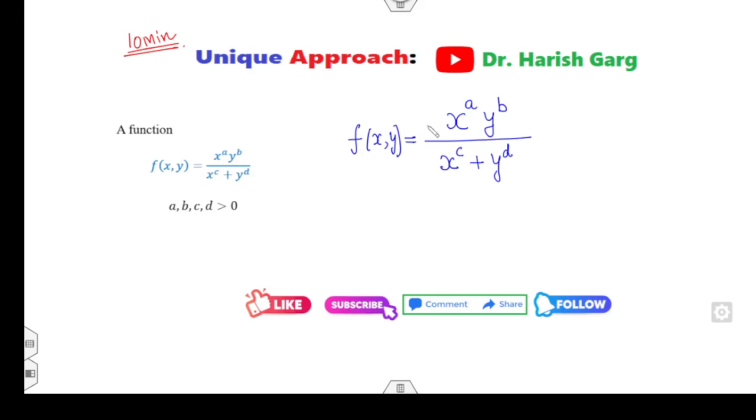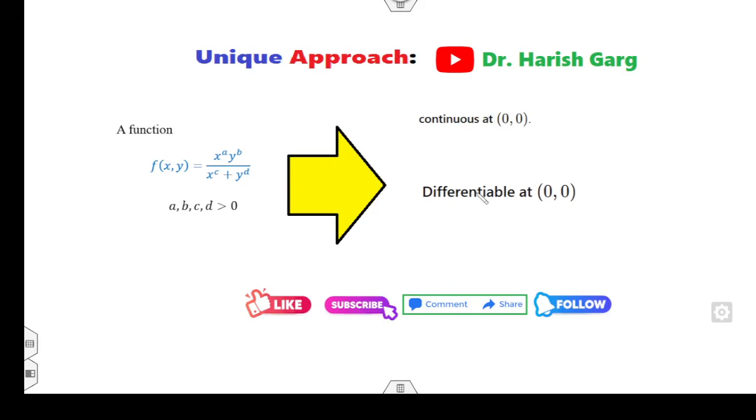Now whenever you have a function of this particular nature, such that a, b, c, d are all positive, how can you check the continuity and the differentiability at the point (0,0)?